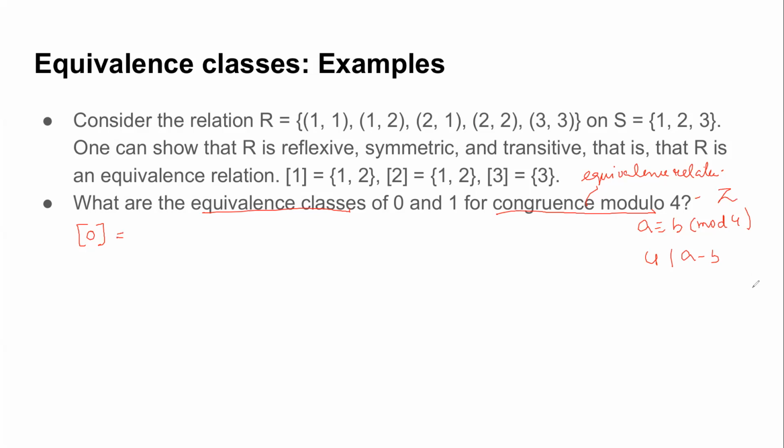You have to see all possible values of a and b such that they are perfectly divisible by 4. Excellent. Right? So it's basically multiples of 4 on both sides of the number line. So you have minus 8, minus 4, 0, 4, 8.